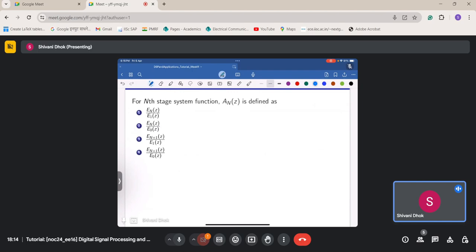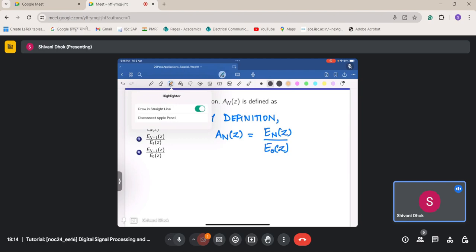So for nth stage system function, this polynomial an of z is defined, by definition, as en of z upon e0 of z. So this is by definition, and the option that satisfies this is option 2.